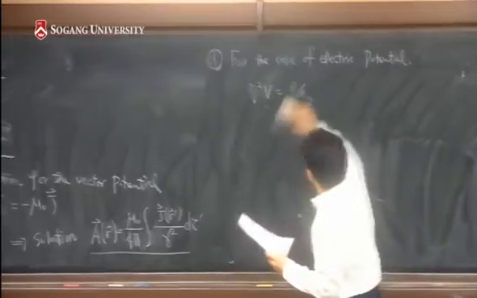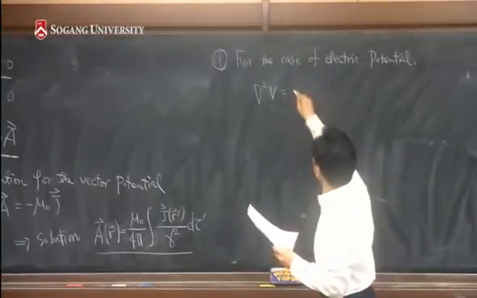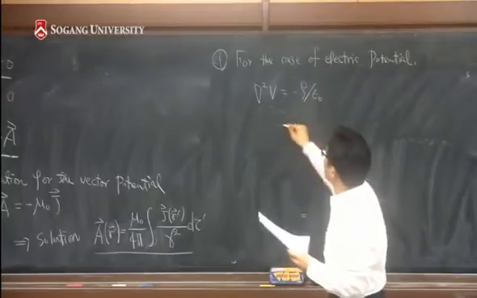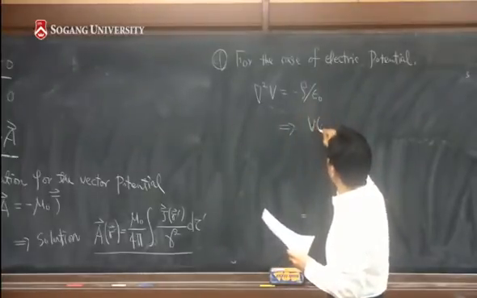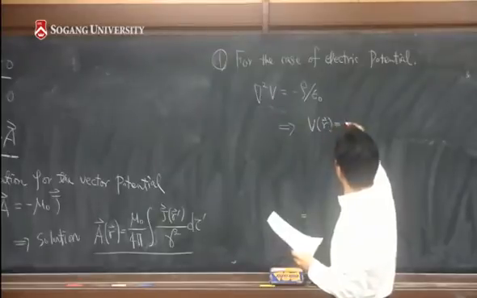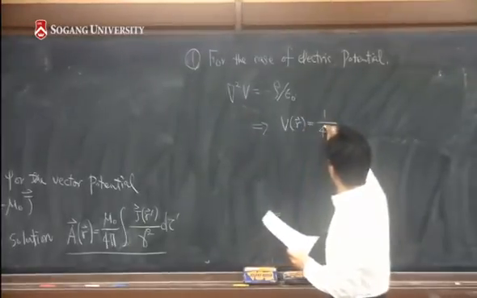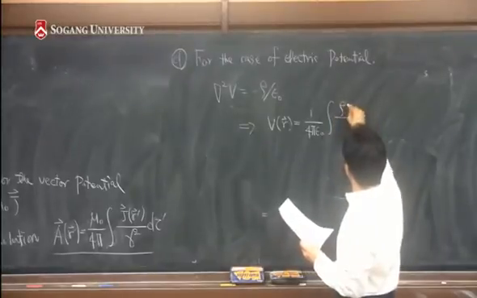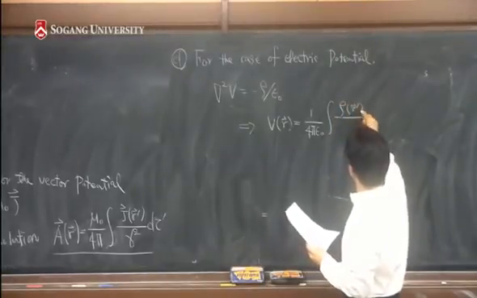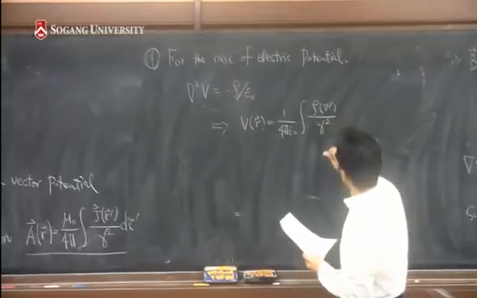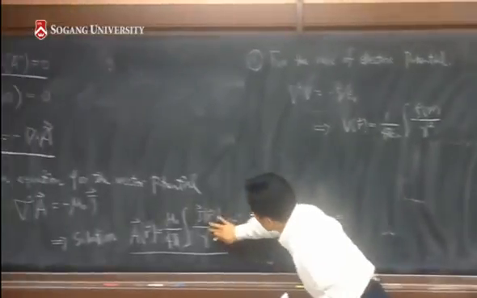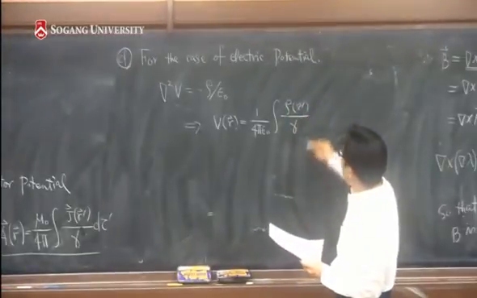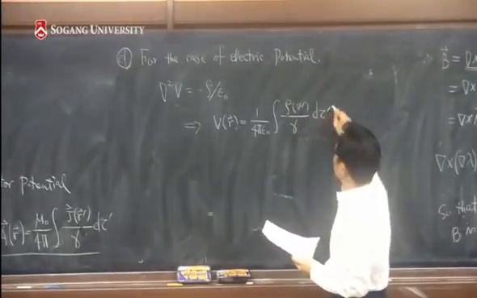Oh, sorry, there should be the minus sign in the front. Its solution at an arbitrary position is 1 over 4 pi epsilon 0, taking the integration of rho at r prime over gamma. Not gamma squared actually, it is proportional to 1 over gamma. And take the volume integration like this. Okay?